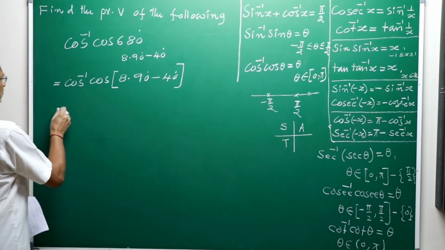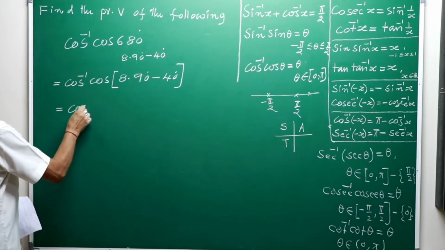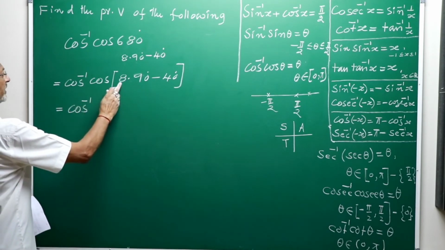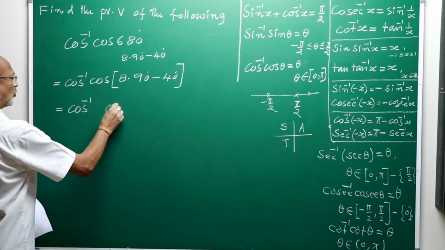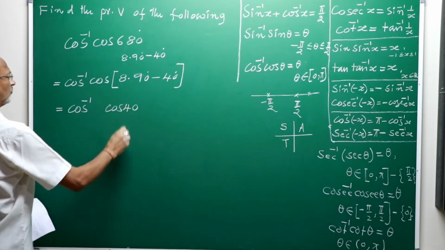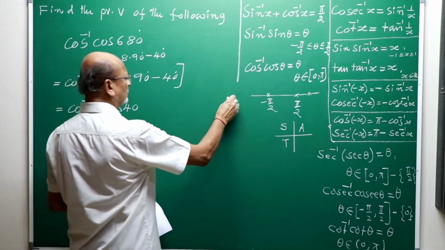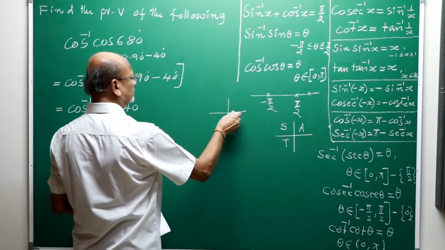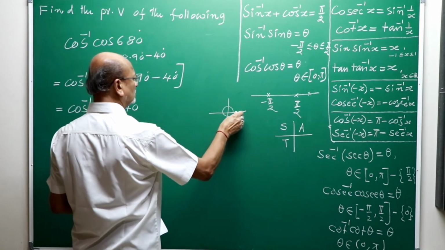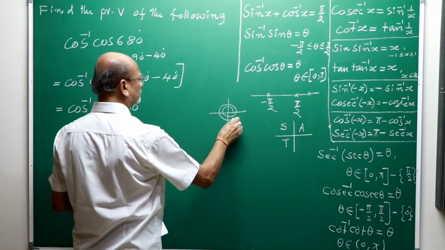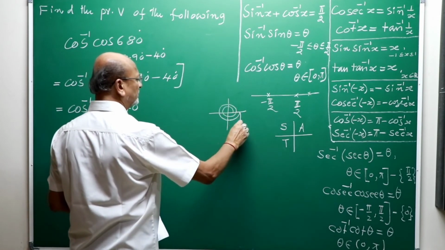See, my friends, what is it? It is cos inverse of cos 40 degrees, no change. What about the sign here? 4, 5, 6, 8. 8 minus means where it is?